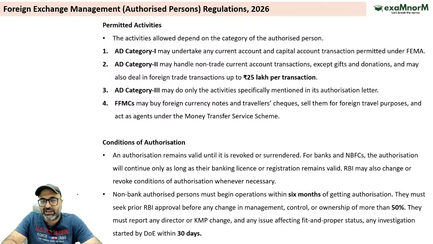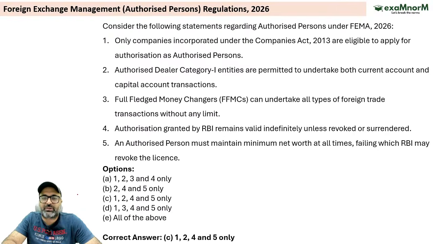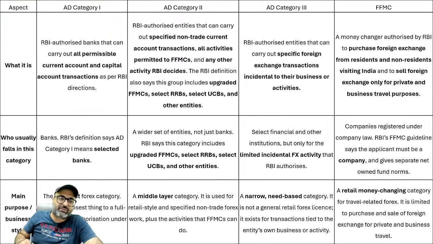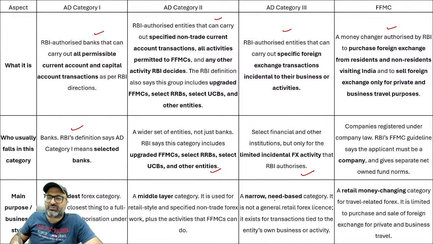If you want to have a glimpse of how we define all of them, this is the glimpse. This is category 1, category 2, category 3 and FFMC. Who usually gets the license? Banks. And in the next category, RRBs and urban cooperative banks, selected financial and other institutes, but only for limited incidental forex activities. Here anybody can generally get the license. If you are a registered company, you can get it.